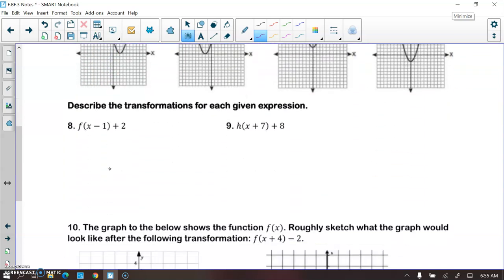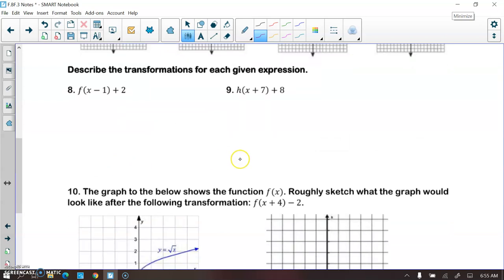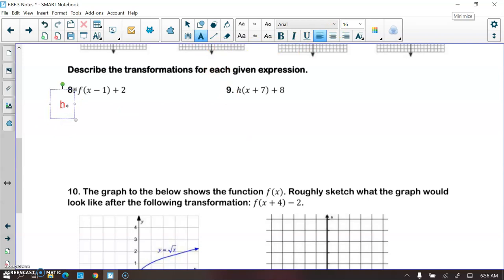All right, so numbers 8 and 9 say to describe the transformation. So we're going to say horizontal translation left or right by X amount of units and vertical translation up or down by X amount of units. For number 8, since there's a -1 on the inside, that is a horizontal translation to the right 1 unit.